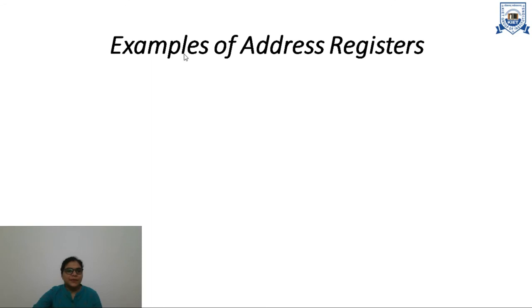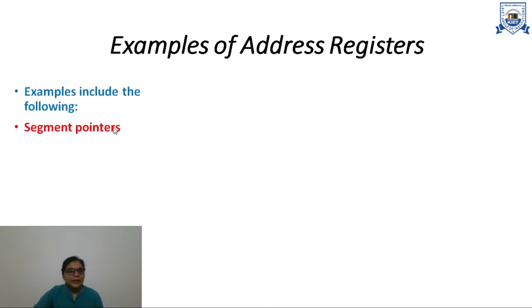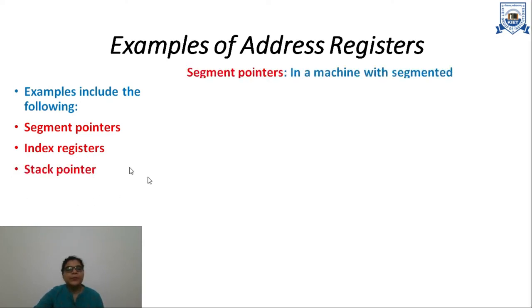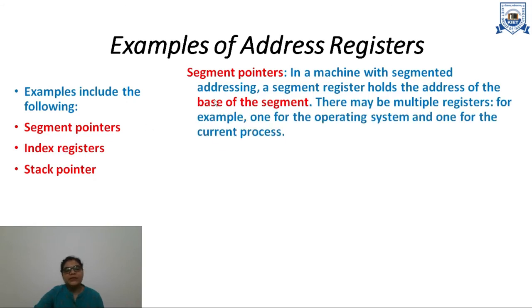Now we have some examples of address registers, and these are segment pointers, index registers, and stack pointers. Segment pointers are used in segmented addressing. If different segments are stored in memory, the segment register will always tell about the starting point of a segment.